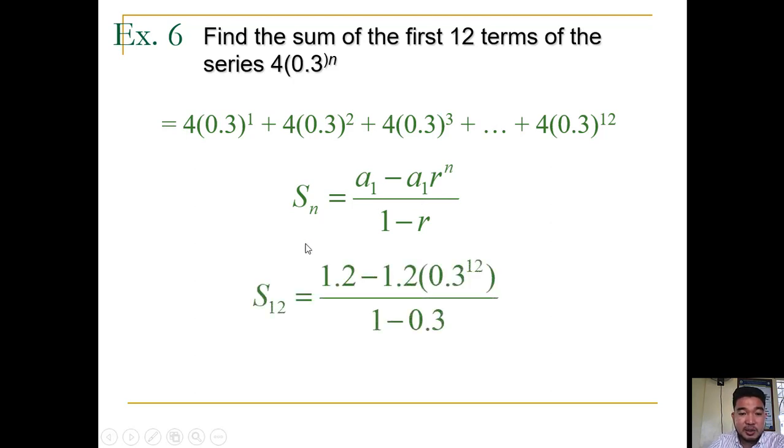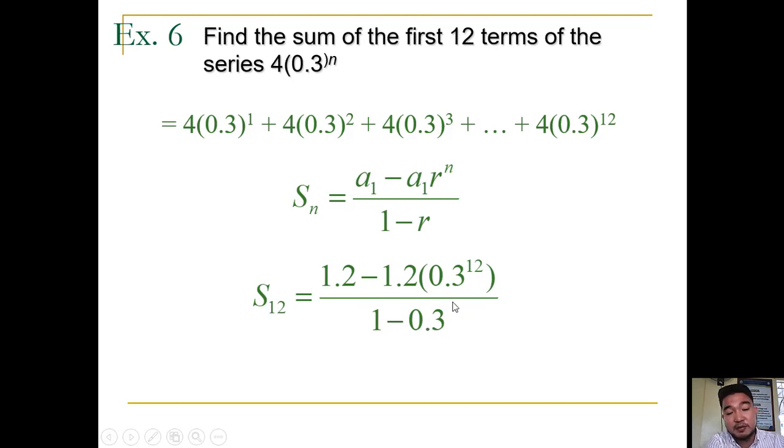And then we substitute. Since we are looking for the sum of the first 12 terms, so S sub 12 equals 1.2 minus 1.2 times 0.3, which is the common ratio, raised to 12, all over 1 minus 0.3.